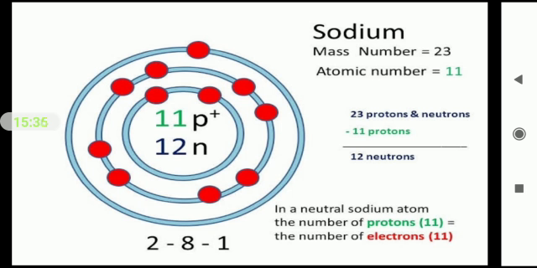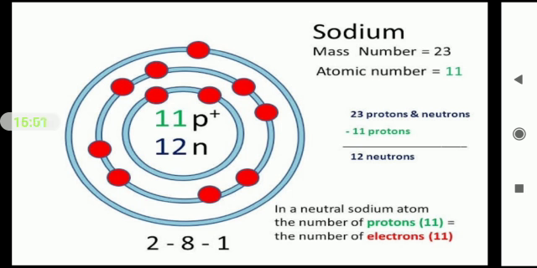We can understand this by calculating the valency of sodium. The atomic number of sodium is 11. Z is 11. The electronic configuration of sodium can be written as 2, 8, 1. These electrons are distributed in the shells K, L, M respectively.